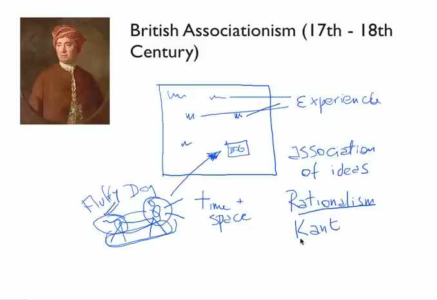What Kant suggested was a very important criticism to the British associationist approach, which was that if we are going to associate things depending on their correlation in time and space, then the mind has to be born with a notion of time and a notion of space. It cannot come completely blank. You have to come pre-programmed with an idea of time and an idea of space. And so that's a qualification possibly to the British associationist hypothesis.